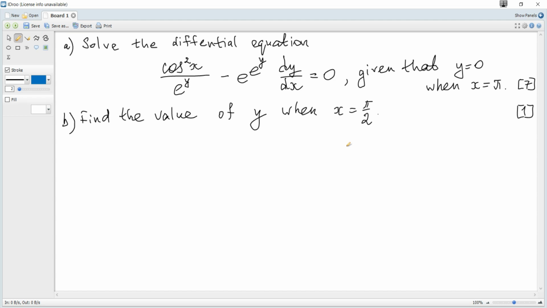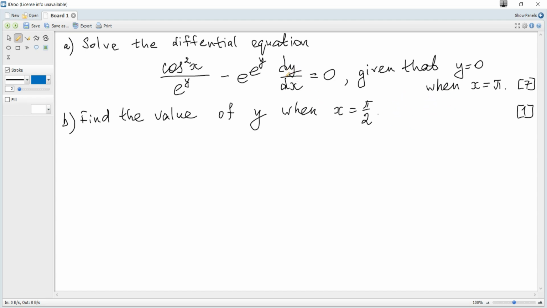If you cannot separate variables, you should apply another method, some substitution or something else. You should know that if dy over dx can be represented as a function of y over x, it should be solved using substitution, y is vx.